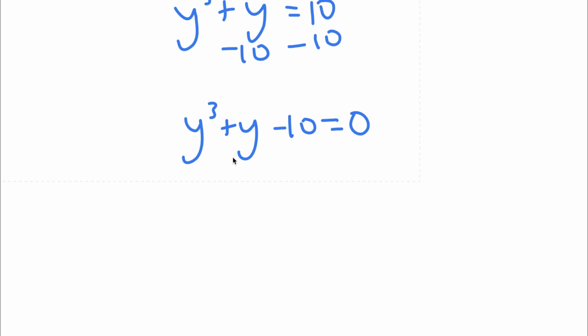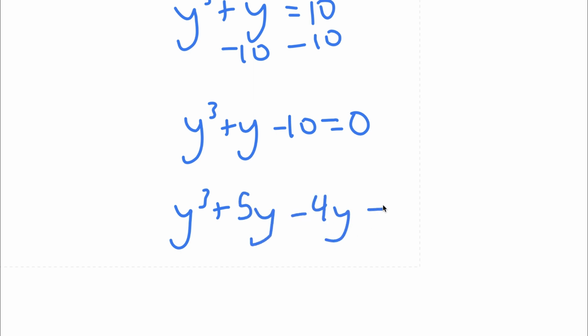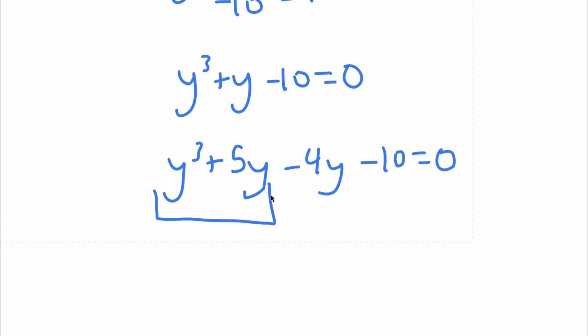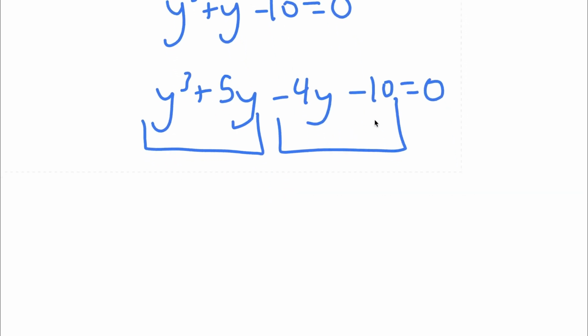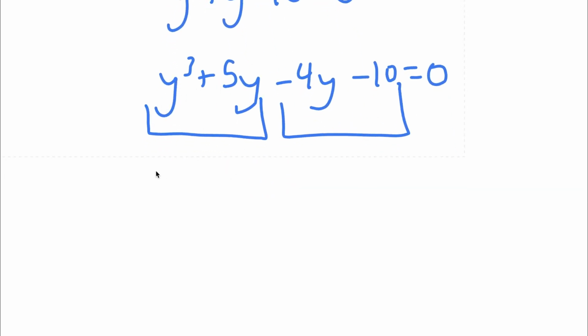And y here, I'm going to rewrite as 5y minus 4y. So I have y to the power of 3 plus 5y minus 4y minus 10 is equal to 0. Now I'm going to factor this in groups. I'm going to factor y to the power of 3 plus 5y and also negative 4y minus 10. So for y to the power of 3 plus 5y, the greatest common factor is y. So I get y times y squared plus 5.